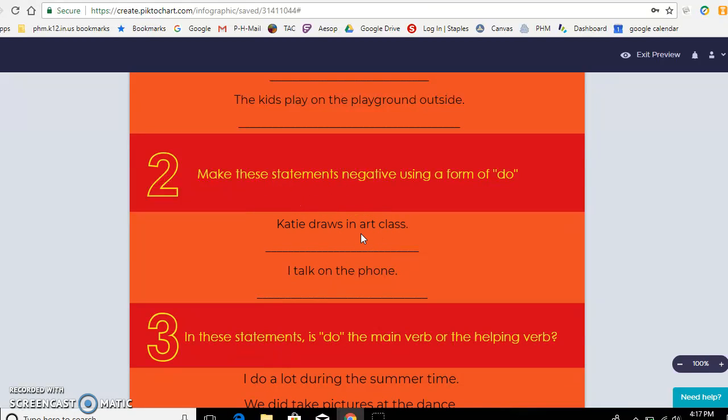They'd kind of have to realize, oh, when we go from Katie draws in art class to negative, Katie does not draw. It goes from draws to draw. And I might point that out at some point too, that when you do make these sentences negative with do, in the he, she, it form, it drops the S.